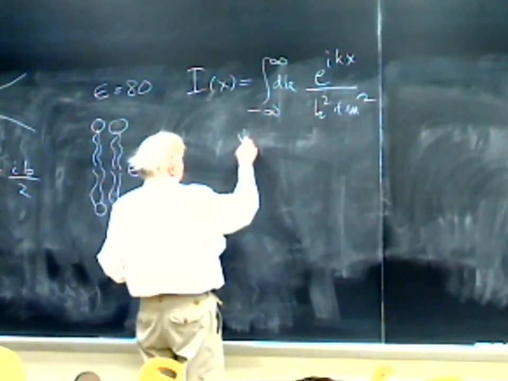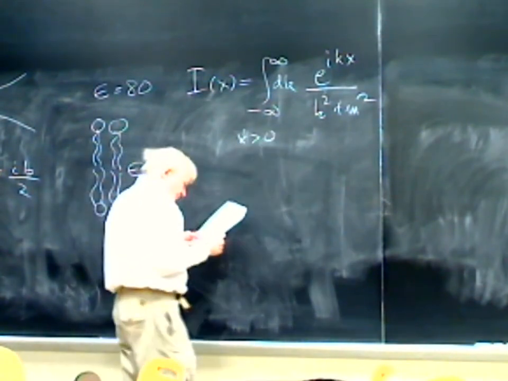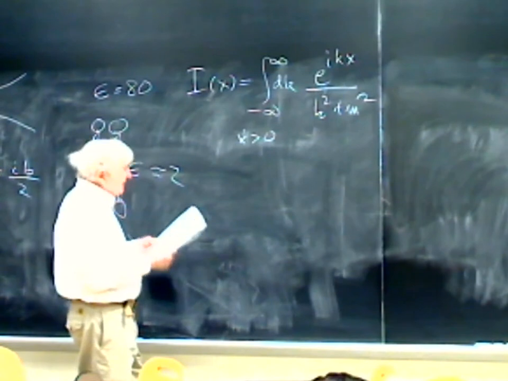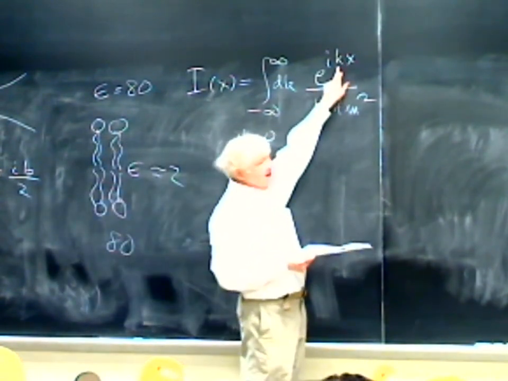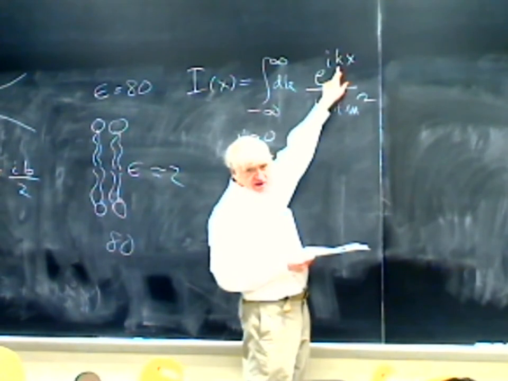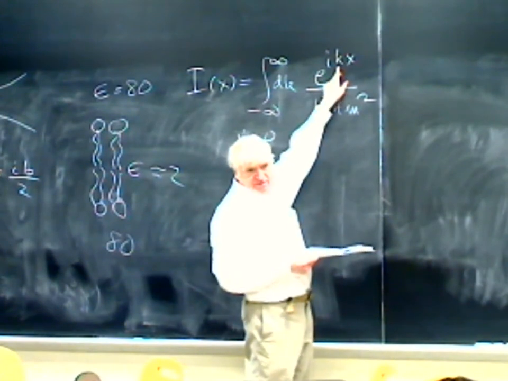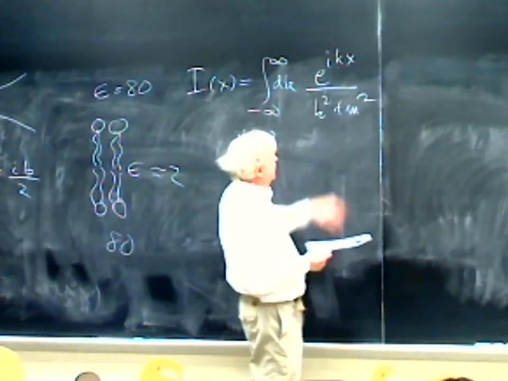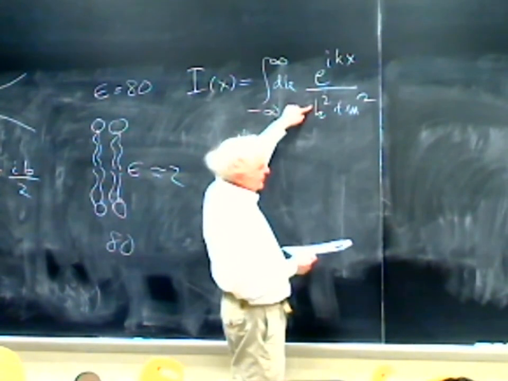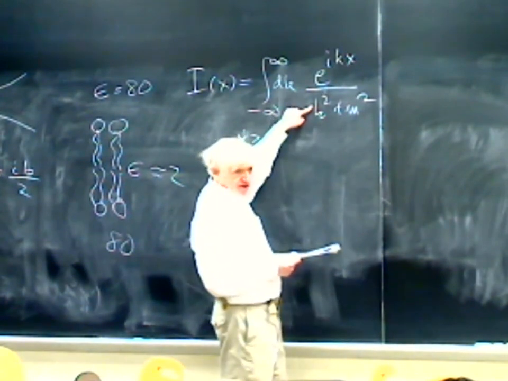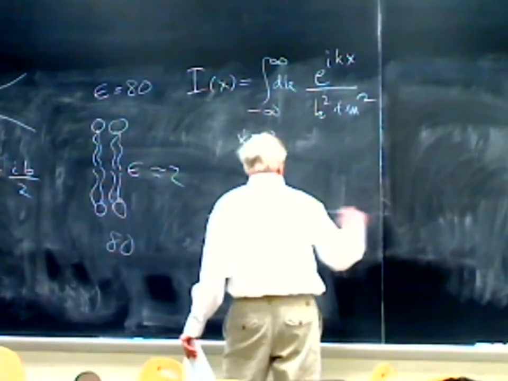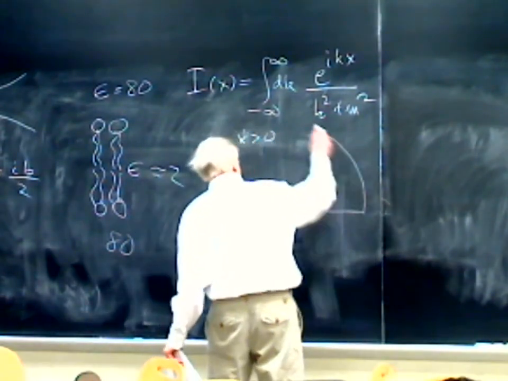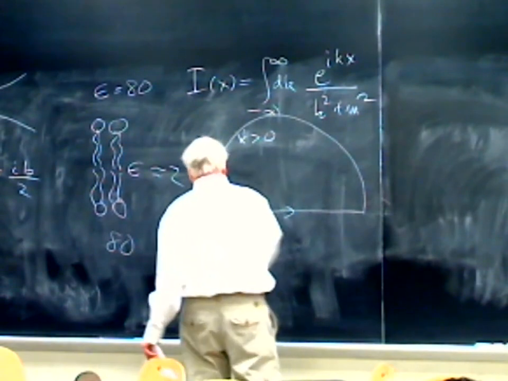Let's take the case x greater than 0. Then, for x greater than 0, if k has a positive imaginary part, this thing is exponentially damped. Moreover, we also have a 1 over k squared here, so we get damping from that also. So that means that we can add a ghost contour in the upper half plane like that.